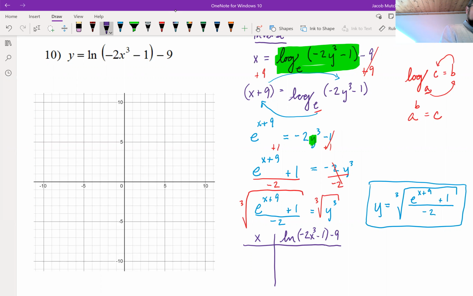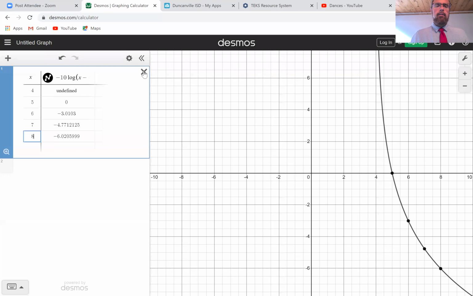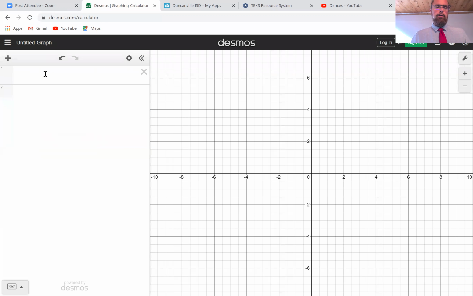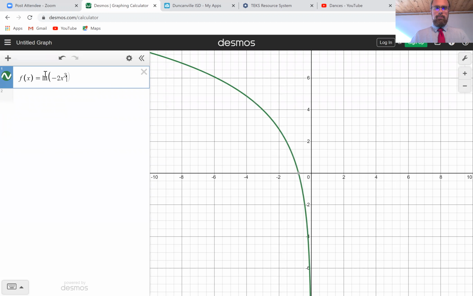So we'll plug in natural log negative 2x cubed minus 1 minus 9. Clear out what we've got here from our previous function. Input our new function. So f of x equals natural log of negative 2x cubed minus 1 minus 9.